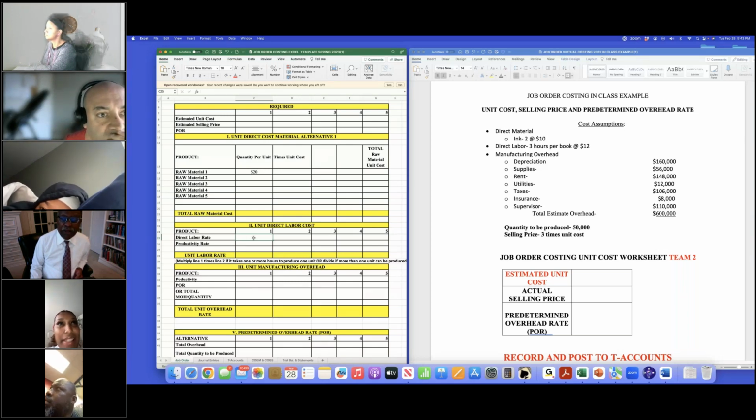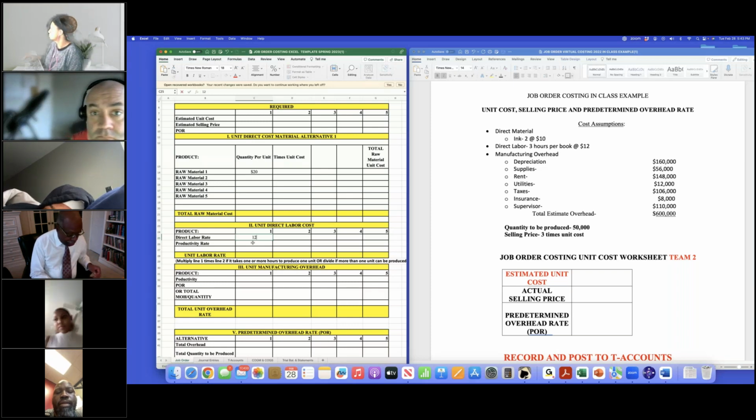So our direct labor rate here is 12, but our productivity is 3 hours. So what you're telling me is that if you work 3 hours at $12 an hour, I would just have to pay you $4?